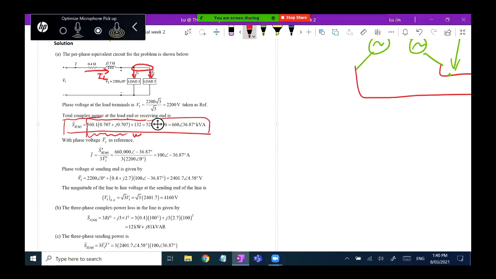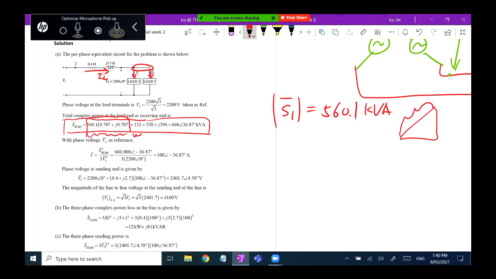Regarding the first complex power, we have already known the apparent power for the first load. How much is it? 560.1 kVA. This means we know the size of load 1 is such a value.